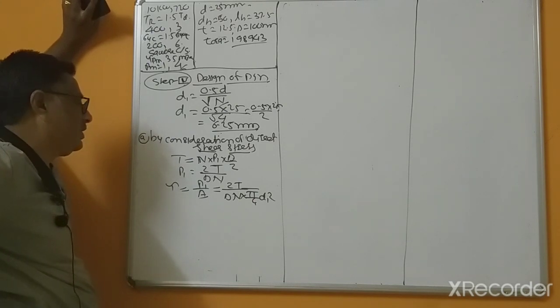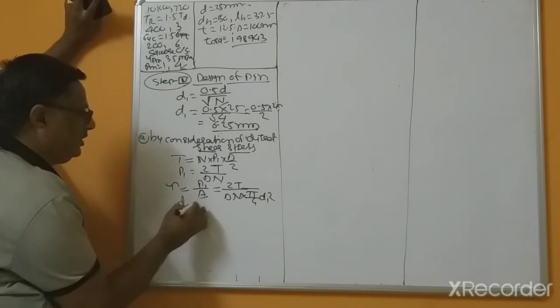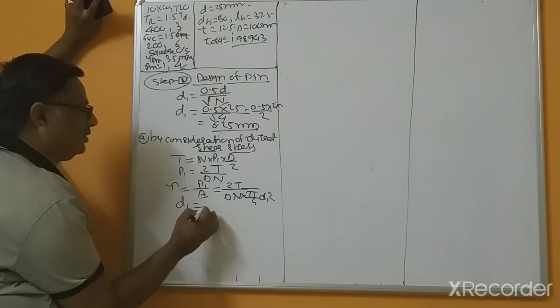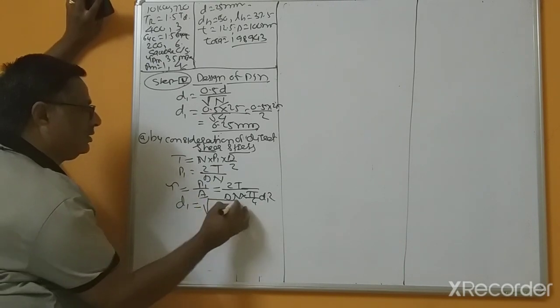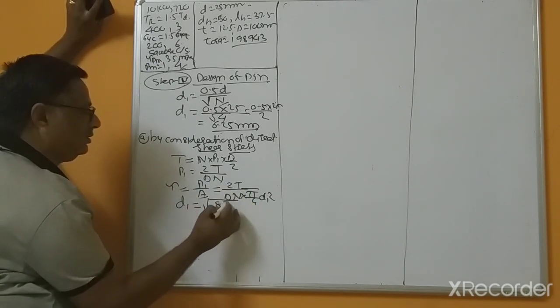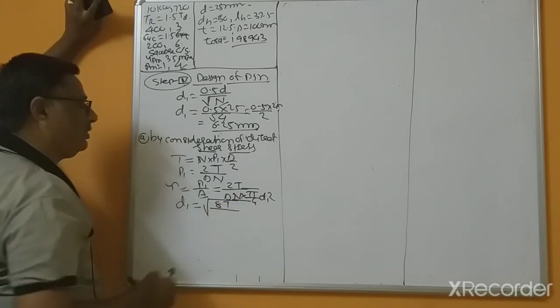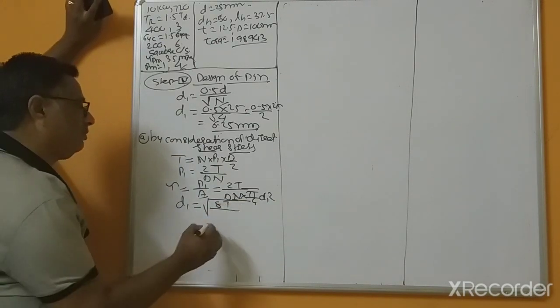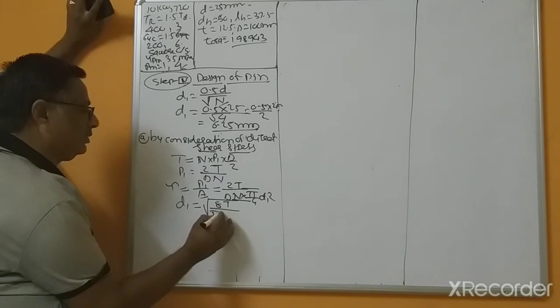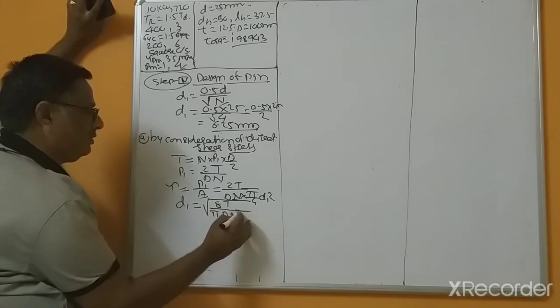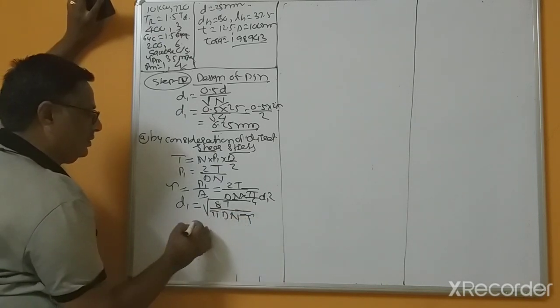This is correct, right? That's why d1 equal to under root 8T divided by pi into dN multiplied by tau.